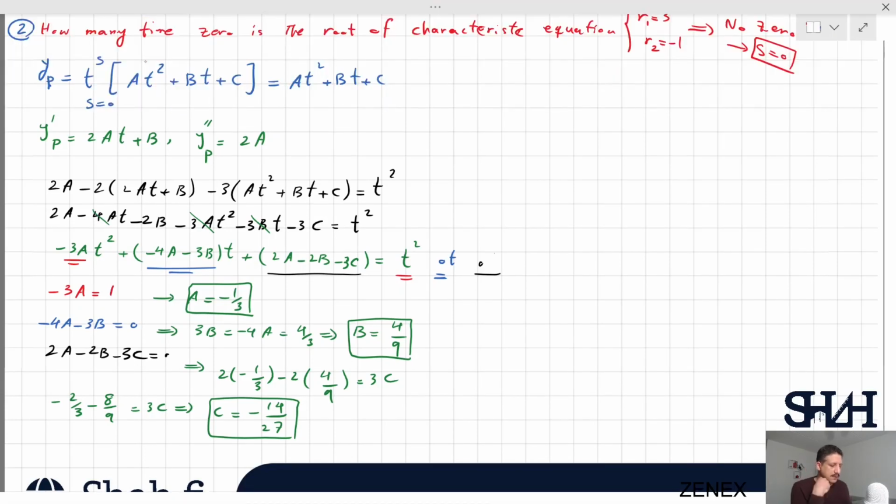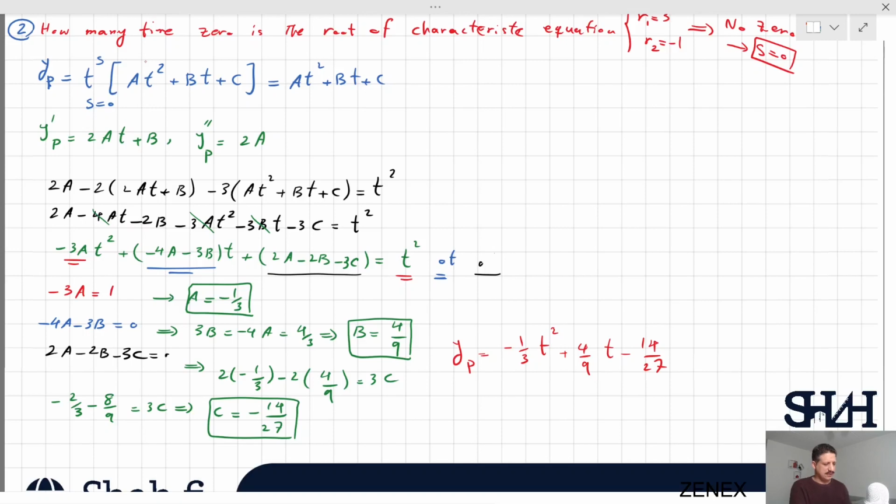Now I can write the particular solution. It will be minus 1 over 3 t^2 plus 4 over 9 t minus 14 over 27.